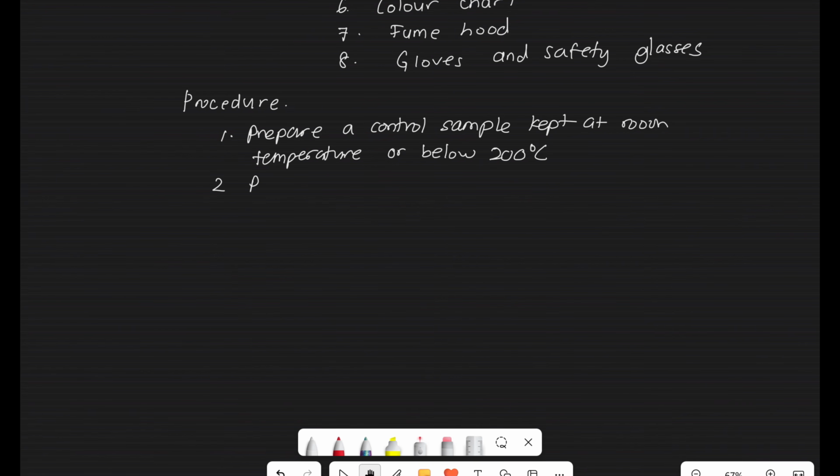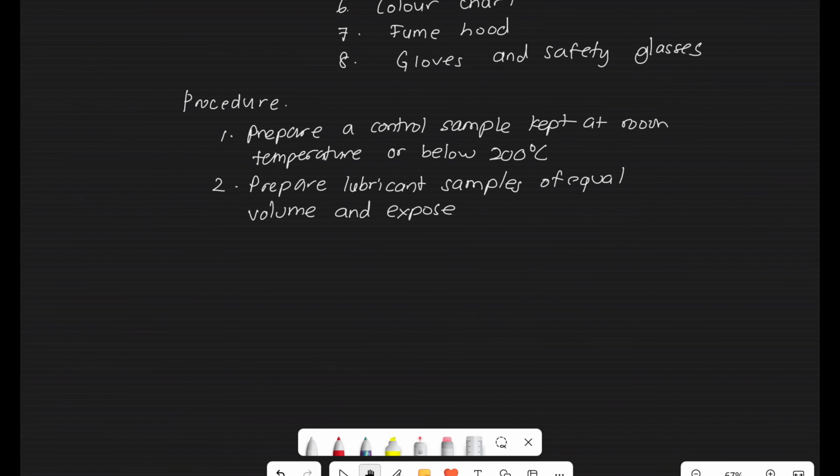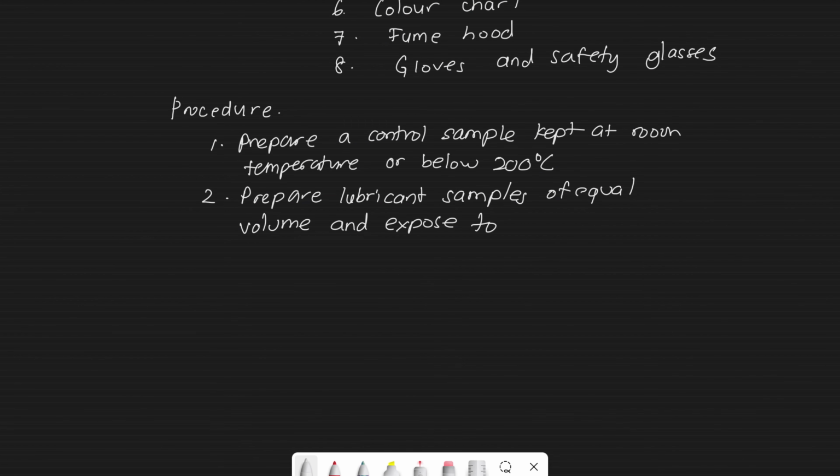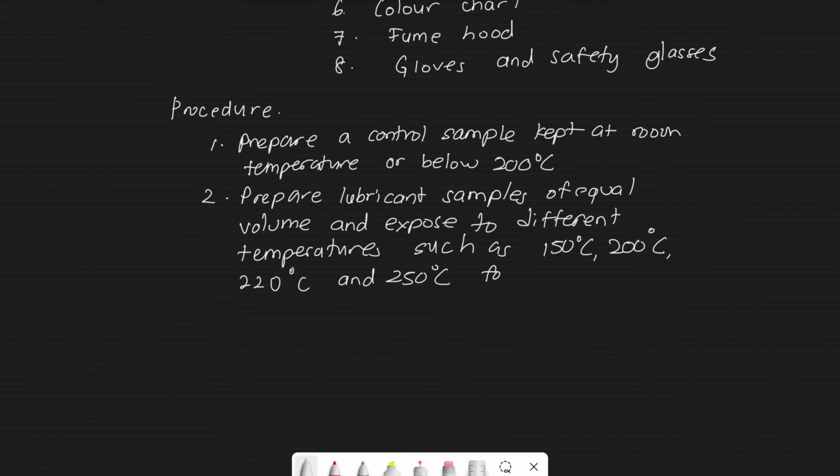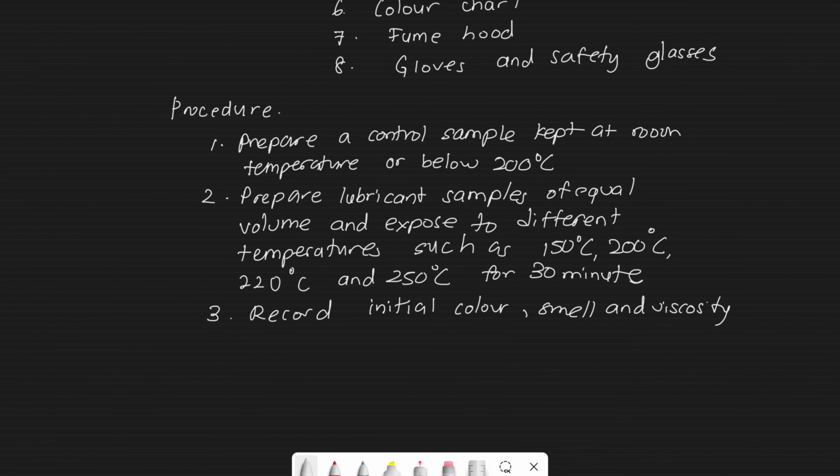And then number 2, prepare lubricant samples of equal volume and expose them to selected temperatures, such as 150 degrees Celsius, 200 degrees Celsius, 220 degrees Celsius, and 250 degrees Celsius for 30 minutes. And then third, record the initial color, smell, and viscosity of the lubricant.